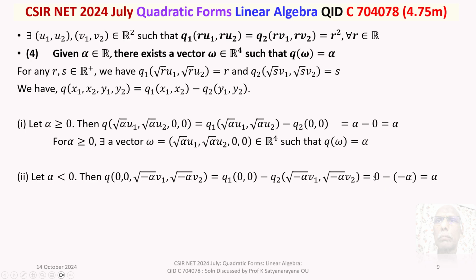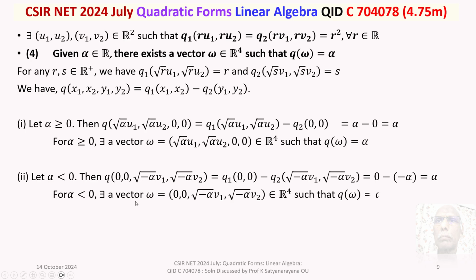So that will be 0 minus of minus alpha, that is equal to alpha. For alpha negative, there exists a vector omega equal to (0, 0, root of minus alpha v1, root of minus alpha v2) belongs to R power 4 such that Q at omega is equal to alpha.